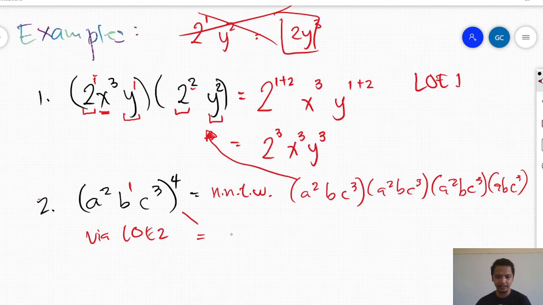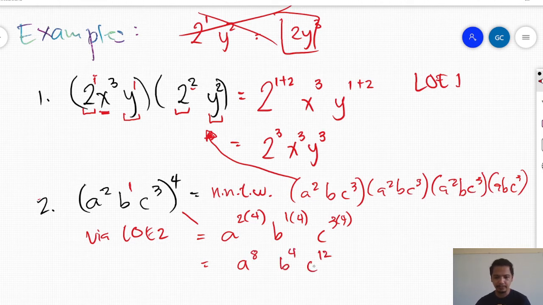So, pwede natin siyang isulat as A raised to 2 times 4, B raised to 1 times 4. Kung mapapansin nyo, dinistribute ko lang kasi lahat sila ay nasa loob ng parentheses. So, we have there C raised to 3 times 4. So, we have there A raised to 8, B raised to 4, C raised to 12. So, ganyan yung magiging final answer natin. Okay?